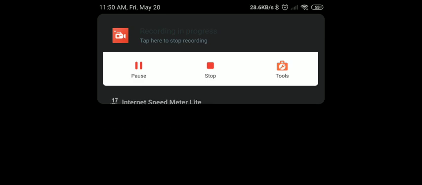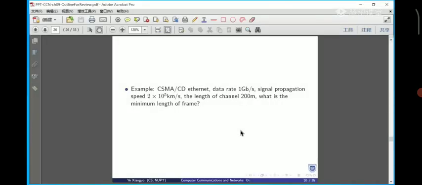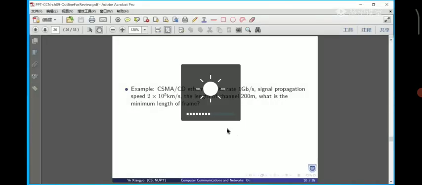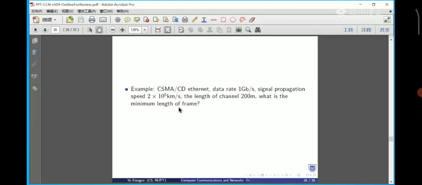And about local area network, we have illustrated Ethernet. Some calculation problems of Ethernet. For example, the minimum length of a frame.